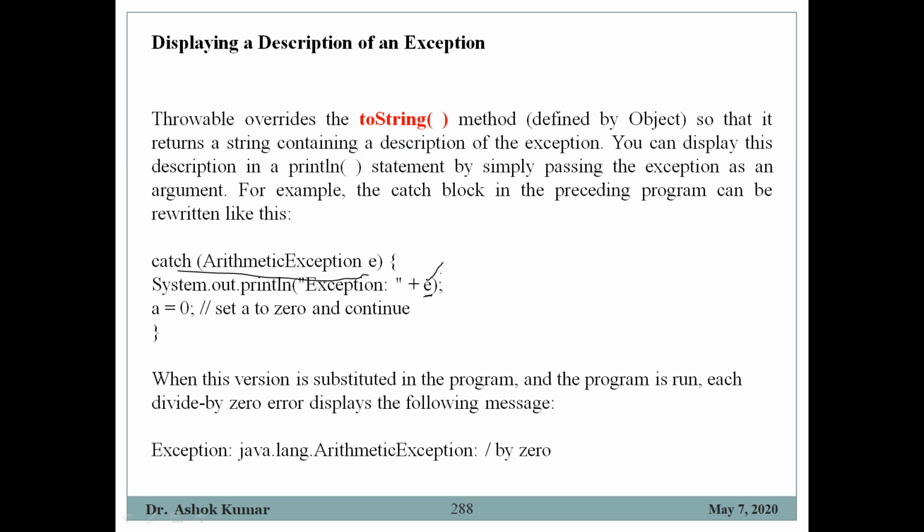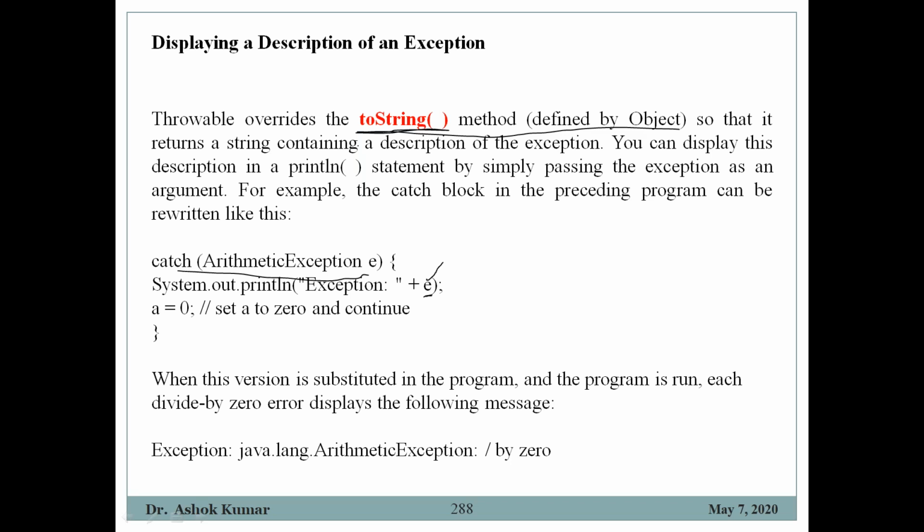So whenever you print an object, Java automatically calls the toString method of that class. This toString basically belongs to the Object class. And as we discussed in the classes and objects chapter, the Object class is the superclass of all the classes in Java.